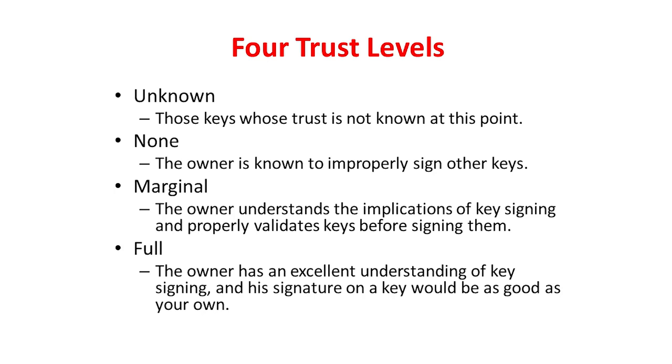None is a trust level where the owner is known to improperly sign other keys, so they are in a prohibited list in a way. The marginal trust level is that the owner understands the implication of key signing and properly validates the key before signing them. So this can slightly be trusted.